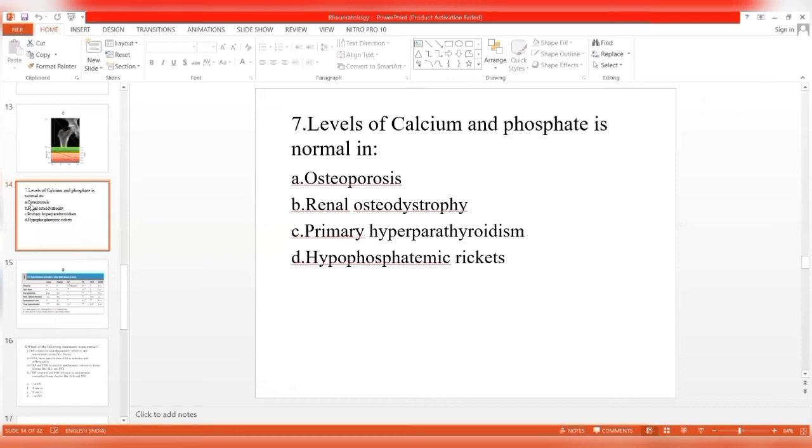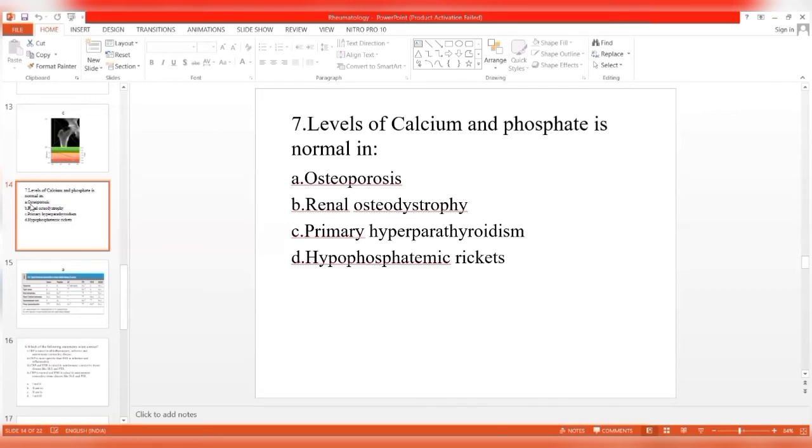Levels of calcium and phosphate is normal in: A, osteoporosis; B, renal osteodystrophy; C, primary hyperparathyroidism; and D, hypophosphatemic rickets. Can you guess? It is normal in osteoporosis.